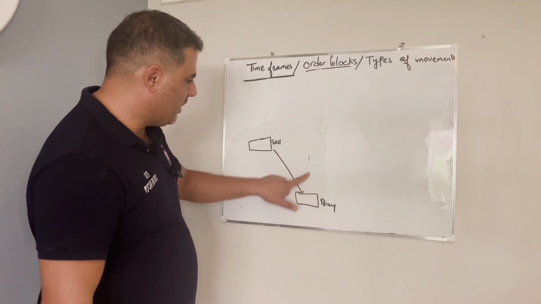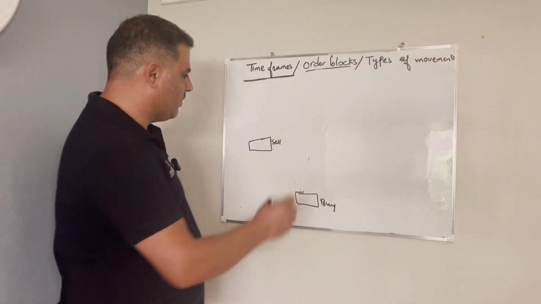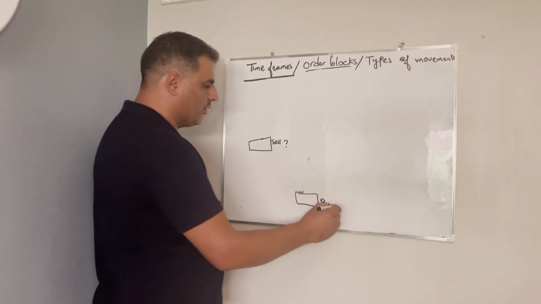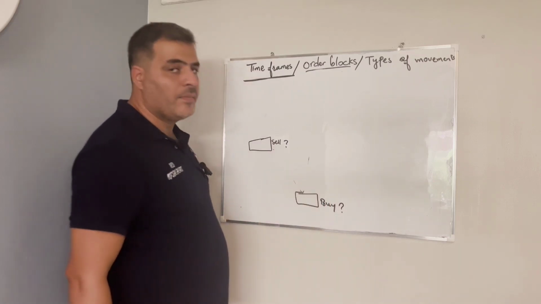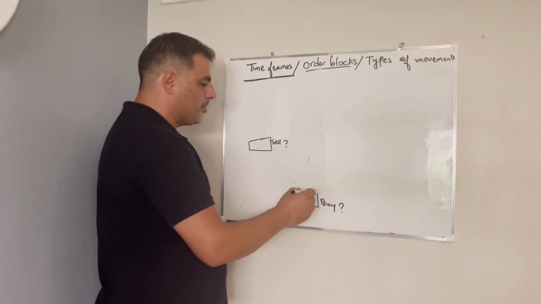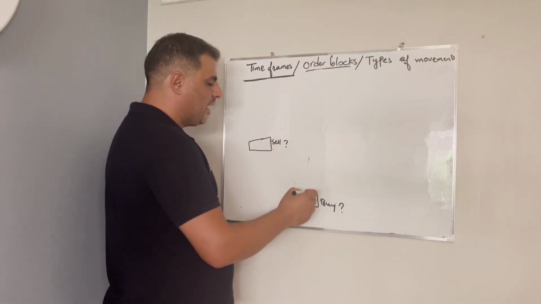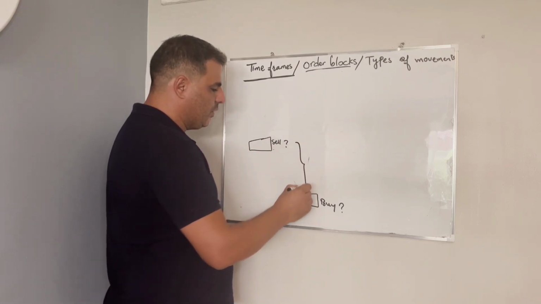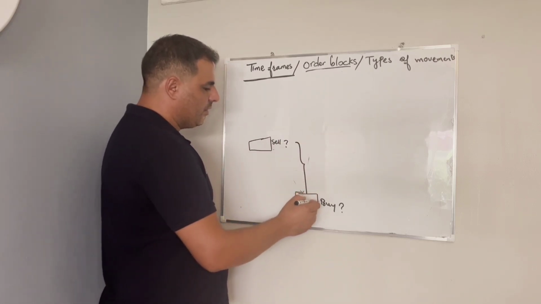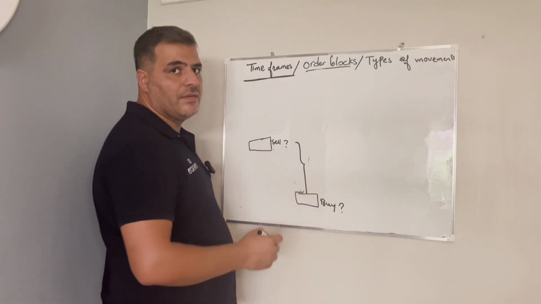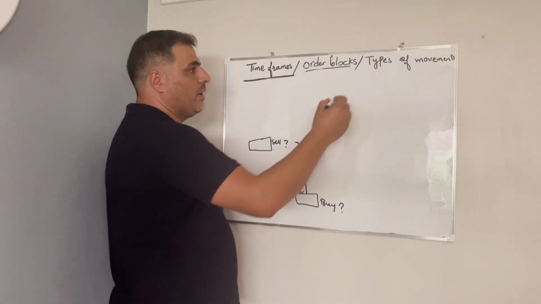So if the question is whether to sell from this order block or to buy from this order block, you have to watch how the area between this order block and this order block is covered by what type of movement.